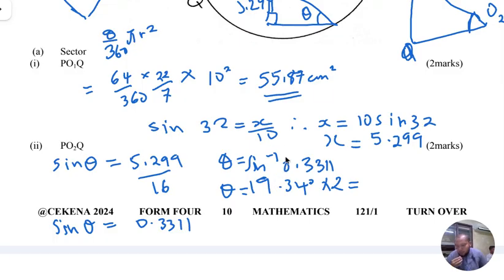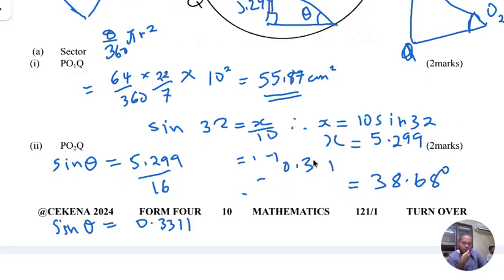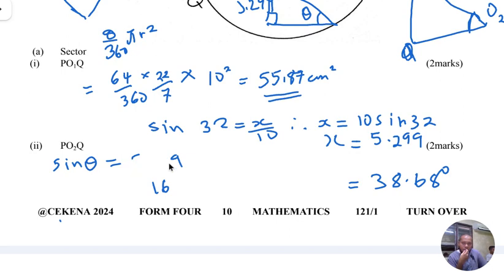Itakuwa 38.68 degrees. So sahi theta yako ushajua. Let me just stop so that you can have space to write our answer. So theta yako sahi ushajua 38.68.